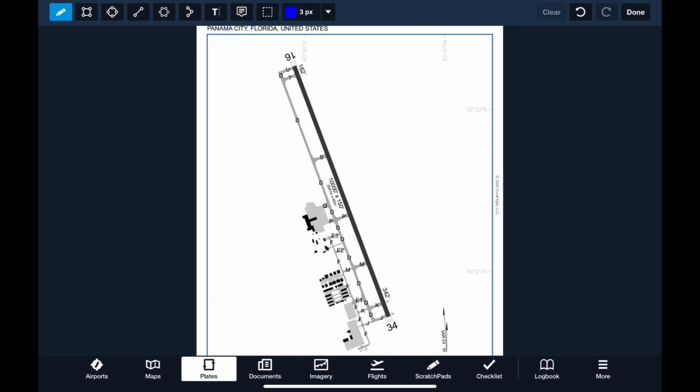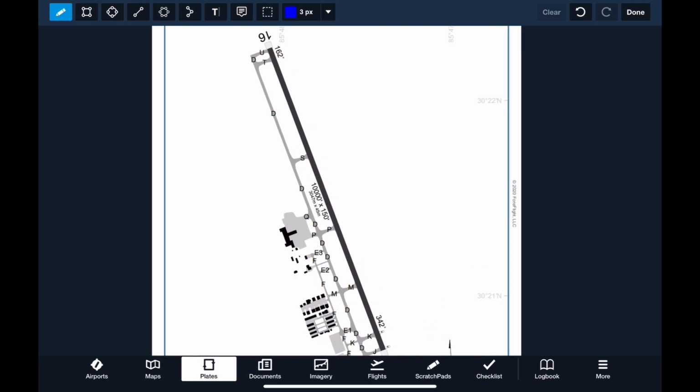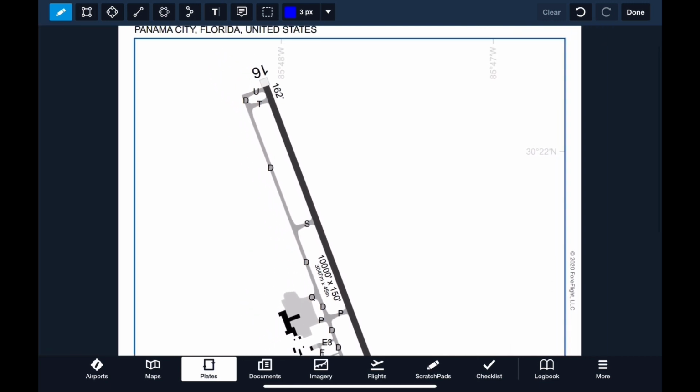So there's two possible traffic patterns at airports. The standard pattern, which is a left pattern. And simply put, what a left pattern means is that when that airplane, so I'm going to draw my little airplane. Please don't critique my artistic skills too much.